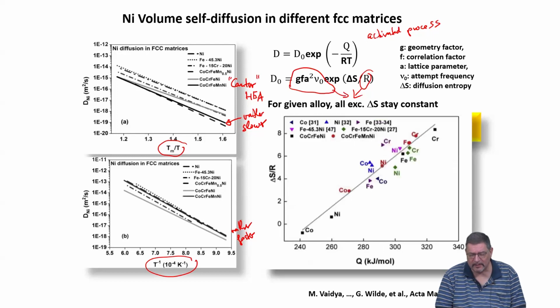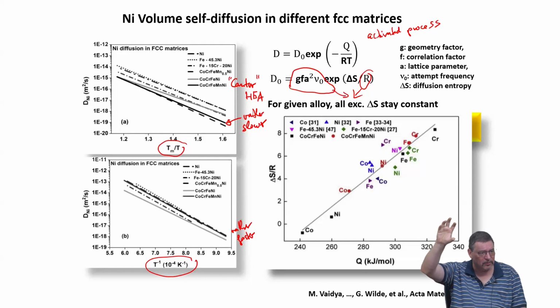But when you look at it, and this is now a representation of the so-called Meyer-Neldel rule. Do you know the Meyer-Neldel rule? It's very important in material science because it says there is a correlation in any thermally activated process between prefactor and activation energy. So the term before the exponent and the leading term in the exponential.